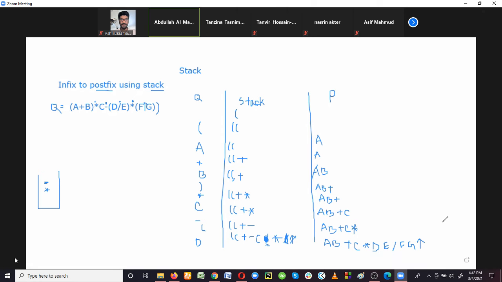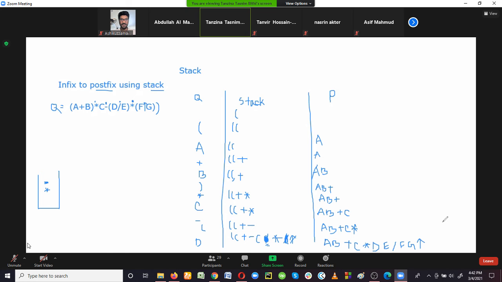Multiplication. Very good, multiplication. I don't know why we have written plus here. We already added plus, isn't it? Yes, ma'am. Got confused, ma'am. It's correct, but here we cannot.